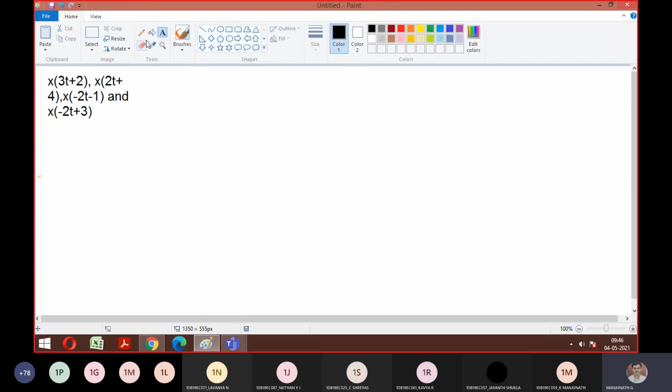The given signal I'm going to trace now. So they've given a signal, just make a note. The interval is 0, 1, 2, 3 and 4.